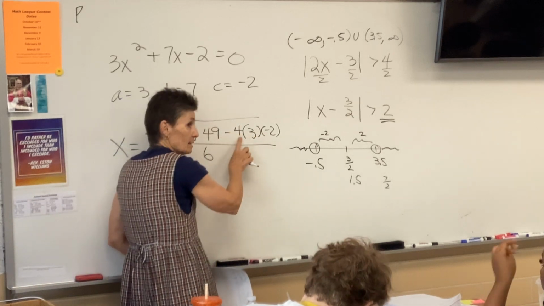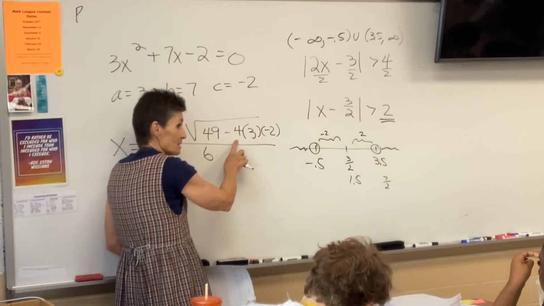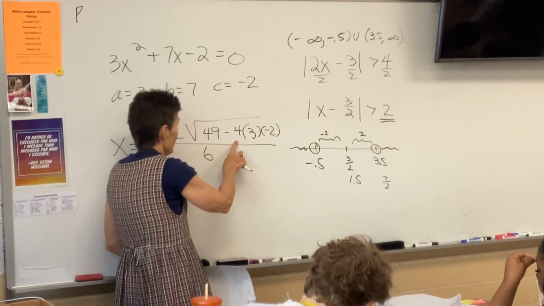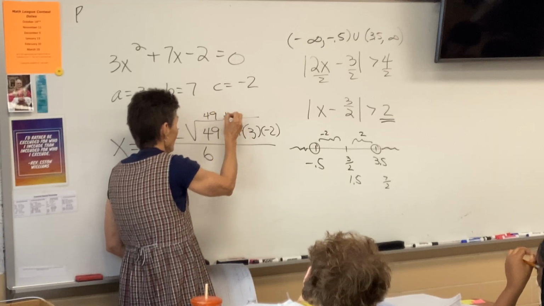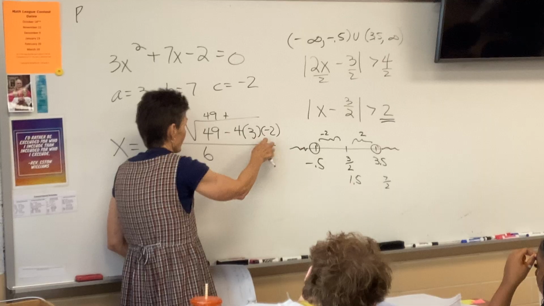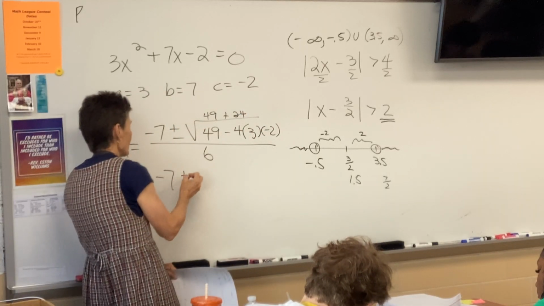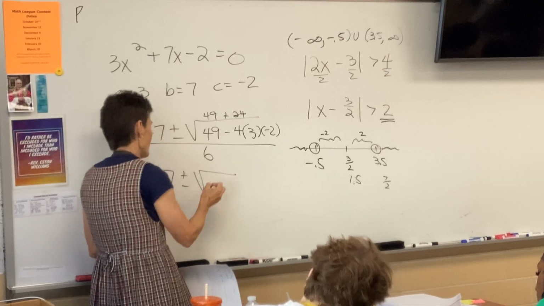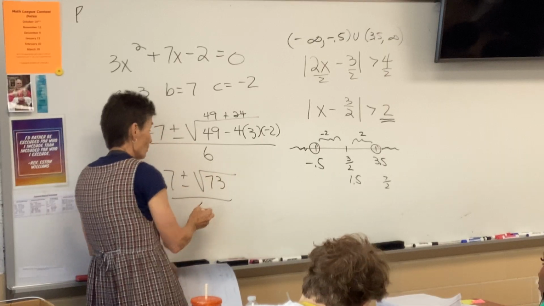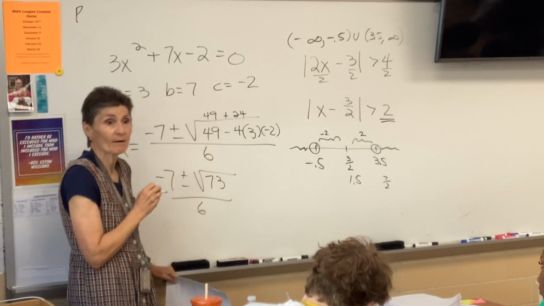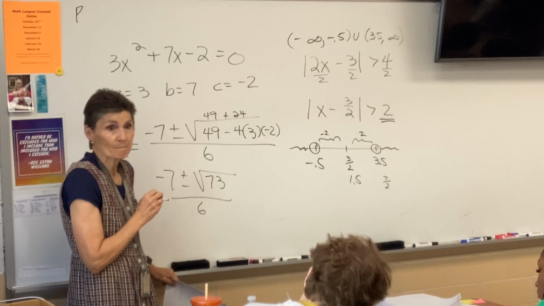See I've got 2 negatives? So that's not going to be a subtract, that's going to be an add. So we're going to have 49 plus 24. So -7 plus or minus the square root of 73, which is lovely because I don't have to worry about breaking it down.